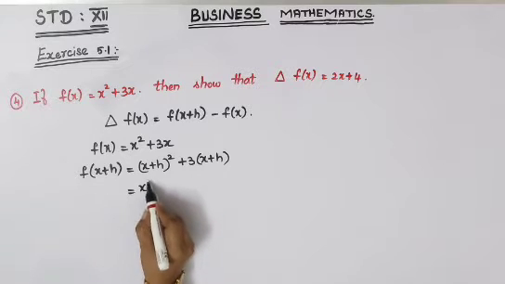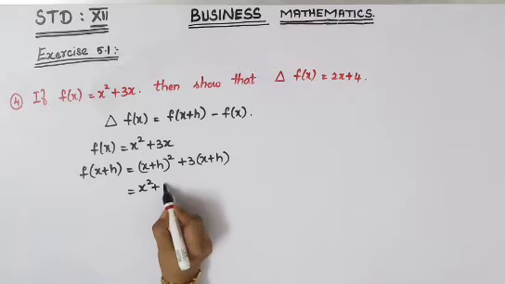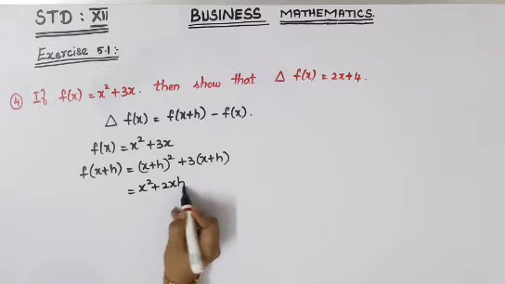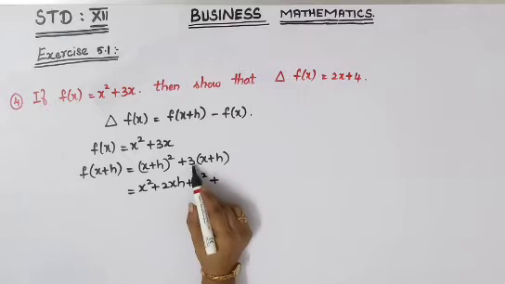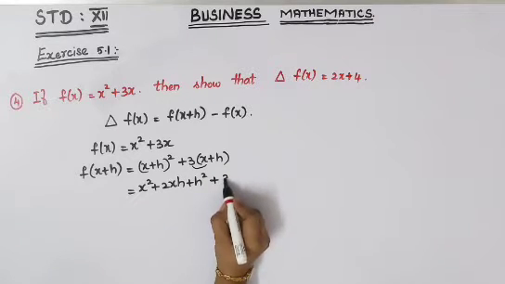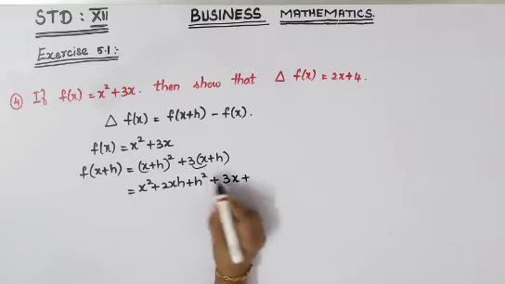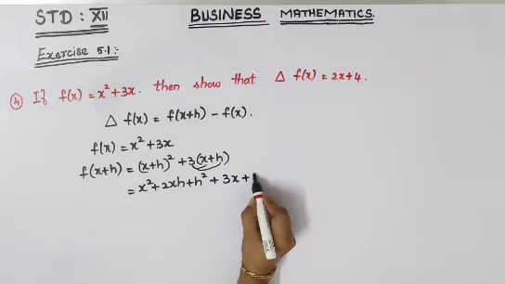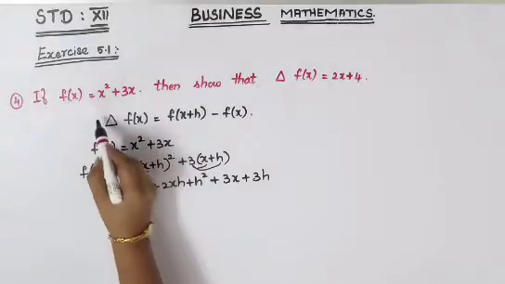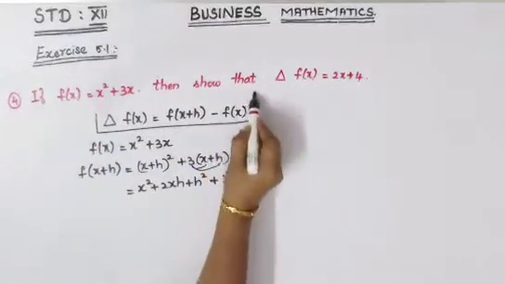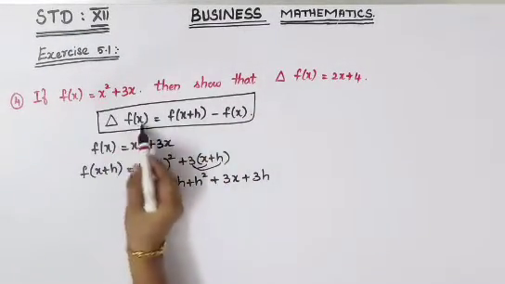So you'll get it as x square plus 2xh plus h square plus, multiplying 3 into x, it will become 3x plus 3 into h will become 3h. We have got f of x and f of x plus h, so we'll just substitute in this formula, so that we'll get your delta f of x.